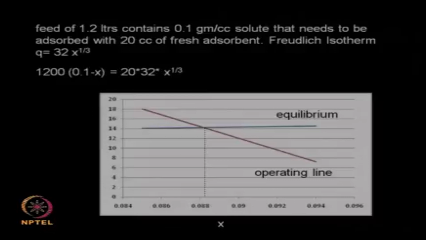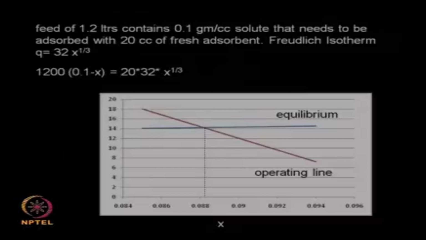By using a graph sheet I do not need to use a software package to find out the value of x. I plot this portion as a function of x which will appear like this, and I plot this portion as a function of x which will appear like this, and the point where they intersect will be the value of x here, very simple. So using a graph sheet we can immediately calculate x without resorting to any computational or numerical technique.